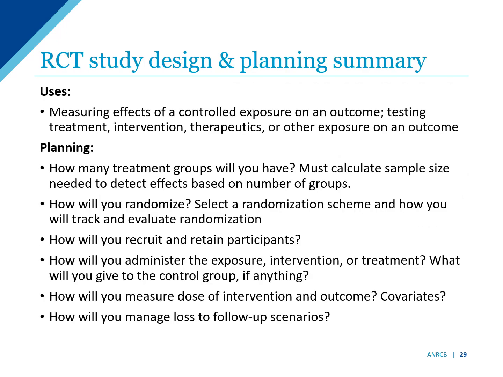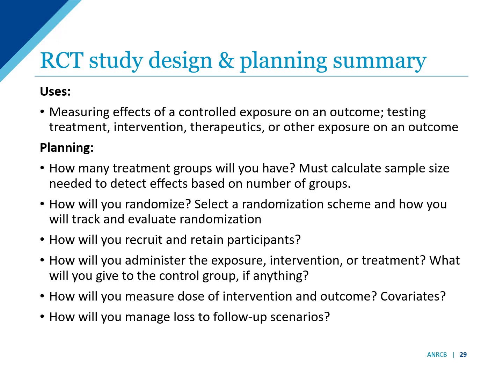There are many uses for an RCT study design, including measuring effects of a controlled exposure on an outcome, testing treatment, intervention, therapeutics, or any other exposure on an outcome. For planning, you have to think about how many treatment groups you will have.